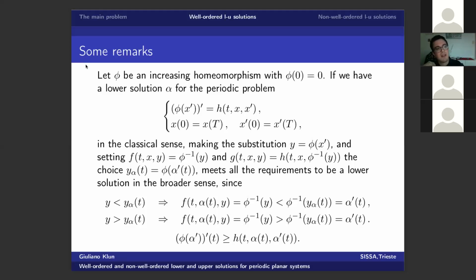So this is a natural choice to solve this problem in the setting we have set before. And analogously, we can consider also y beta. If we define y beta to be phi of beta prime of t, this meets all the requirements to be an upper solution.